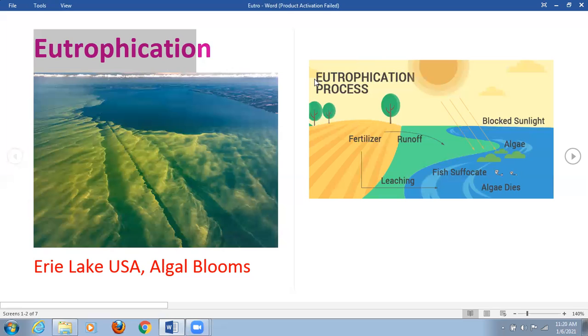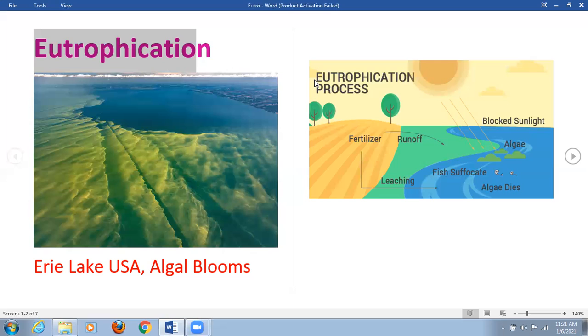That is called a eutrophic body or highly productive body, and that phenomenon is known as eutrophication. So try to understand the definition of eutrophication. It is the process when phosphate and nitrates accumulate within a water body, and then the water body becomes highly productive or eutrophic, and that phenomenon is known as eutrophication.